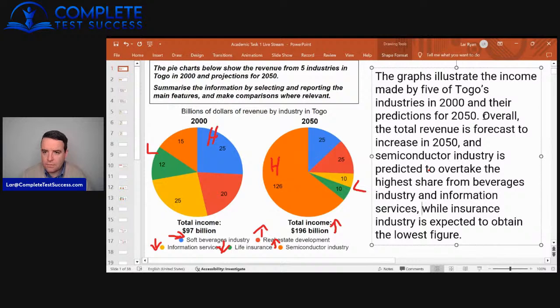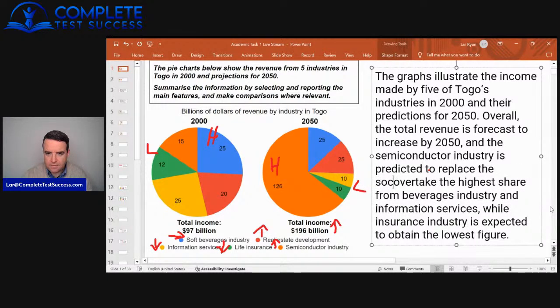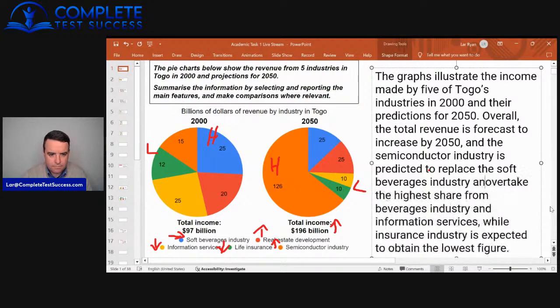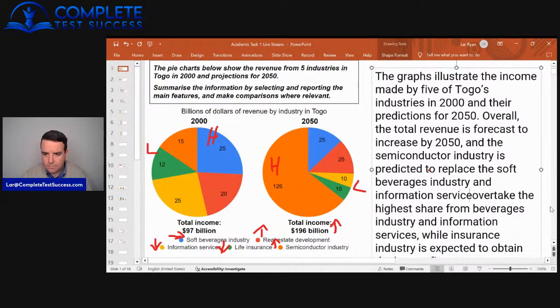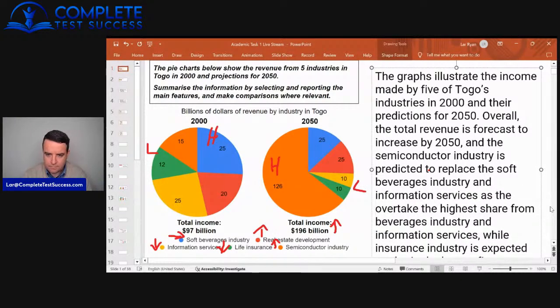Okay. So overall, the total revenue is forecast to increase in 2050. And the semiconductor industry is predicted to replace soft as the highest.